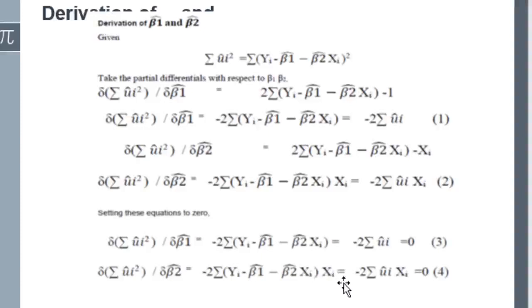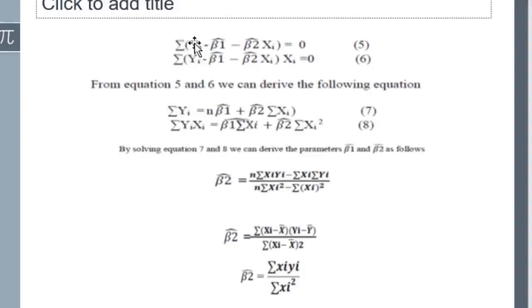Now we are going to distribute the sigma throughout the equation and remove the bracket. That is, sigma yi minus sigma beta 1; beta 1 is a constant, so the sum of beta 1 can be written like this: suppose we want the sum of x plus x plus x, then we say 3x.